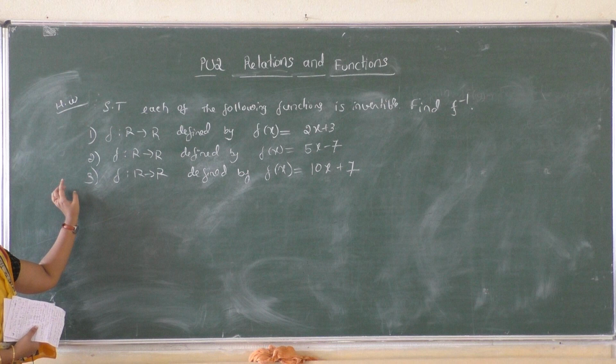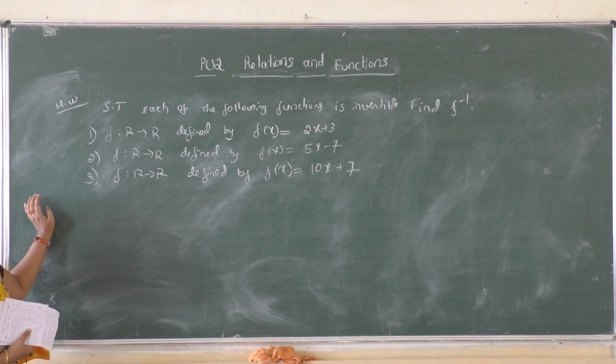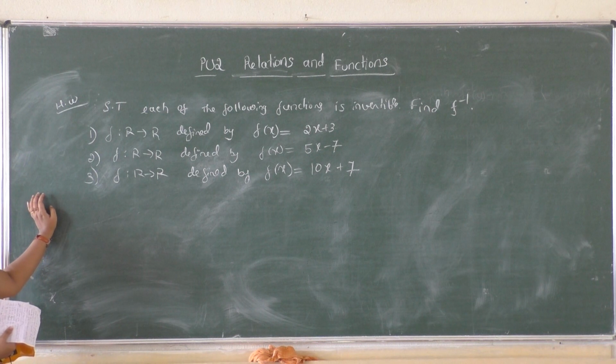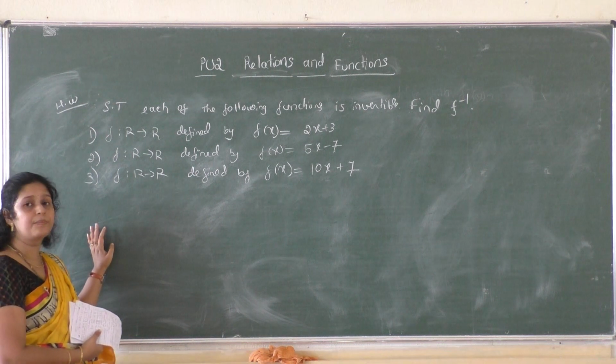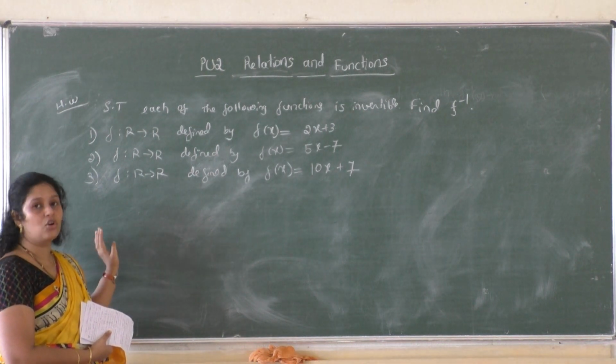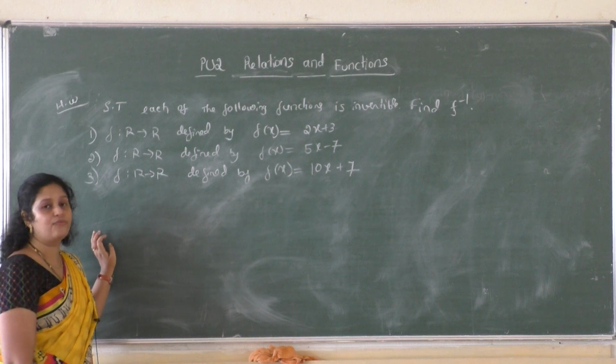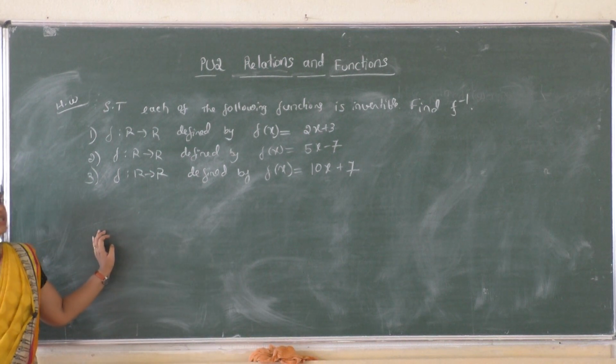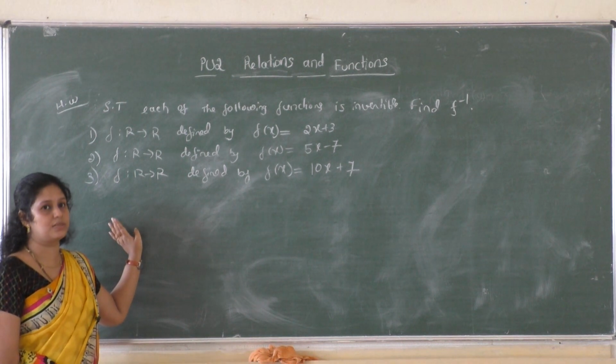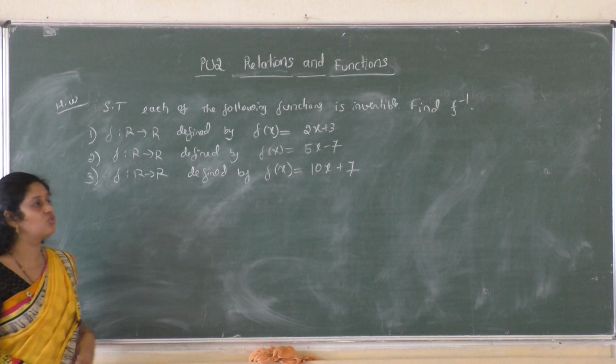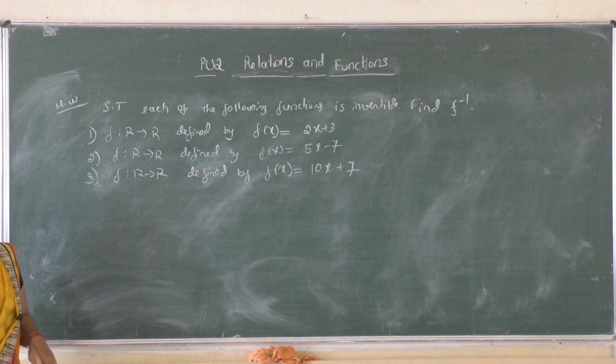After defining g of y, prove that g of f is identity, f of g is identity. Then give the conclusion that f is invertible. Then write f inverse.